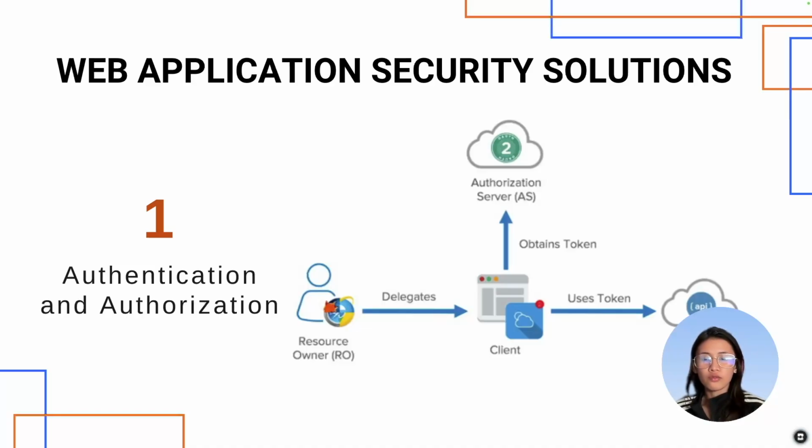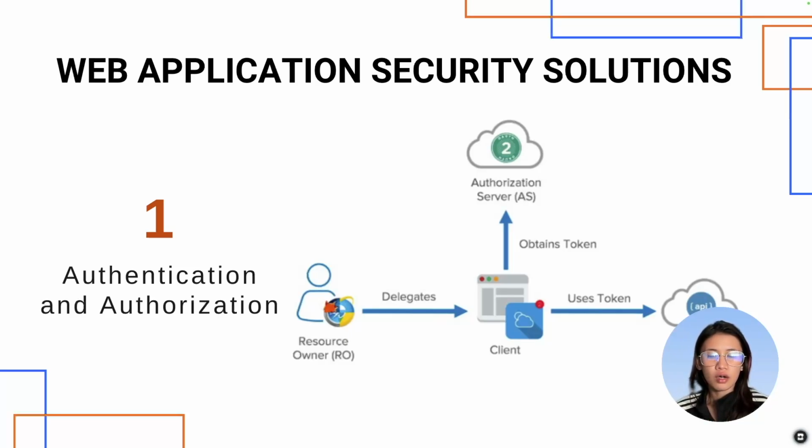Next, we have two-factor authentication. This adds an extra layer of security by requiring a second form of verification. For example, after inputting your password, a 4-digit code is sent to your mobile device.